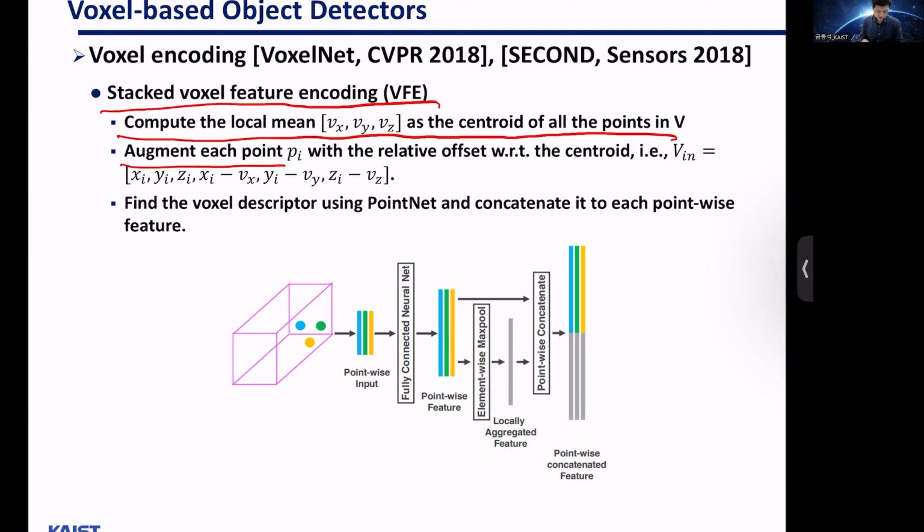Augment each point p_i with the relative offset with respect to the centroid, in this form. Find the voxel descriptor using PointNet and concatenate it to each point-wise feature. So you're adding this offset value, augmenting each point with its offset values.